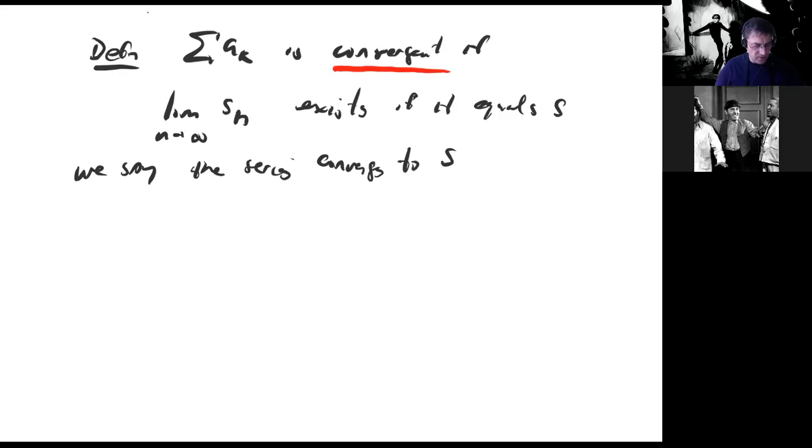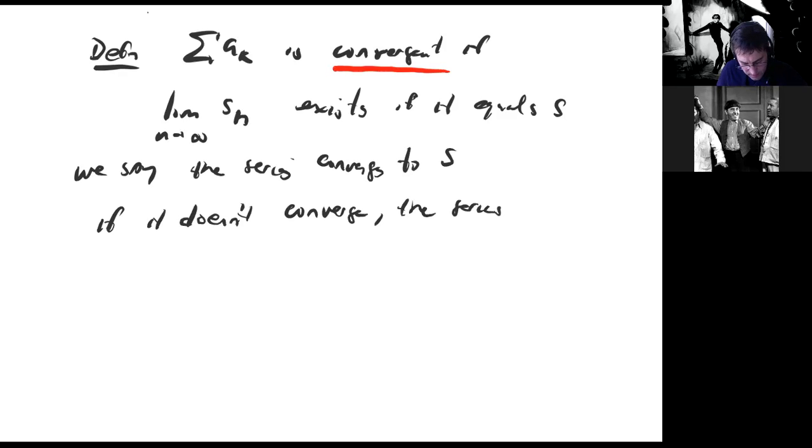So that's the notion of convergence of an infinite series. Otherwise, if it doesn't converge, the series is said to be divergent. So that's the basic definition.